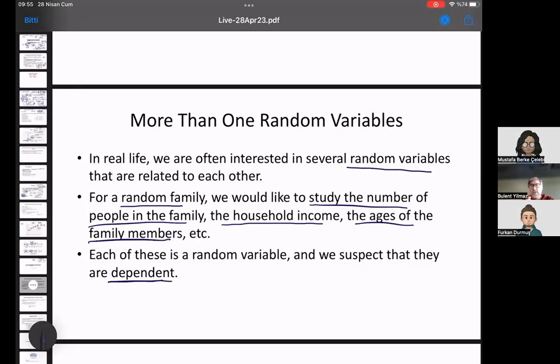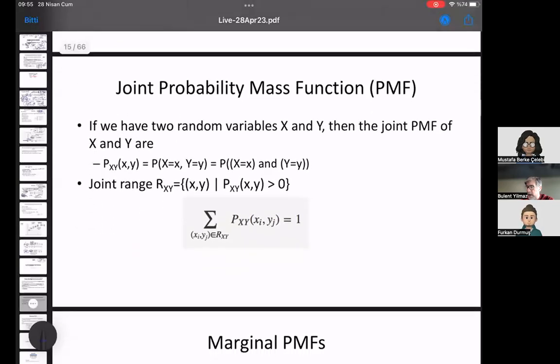And that's why we might have more than one random variables in a random experiment. So if I have more than one random variables, my PMF, my probability mass function, will have a different style, okay? For example, this is a probability mass function's representation, P of X and Y. What does it mean?